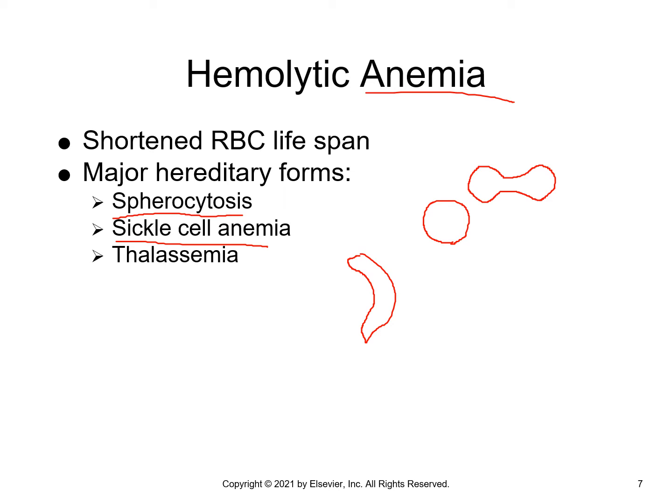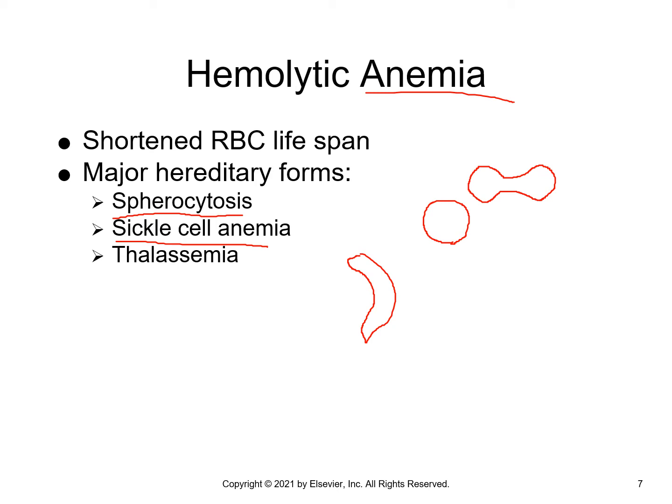The sickle cell anemia population typically affects African patients or people of African descent. These patients will have episodes of exacerbation and remission, where they do better and then get really sick, and that depends on how many of their cells look like these sickles.